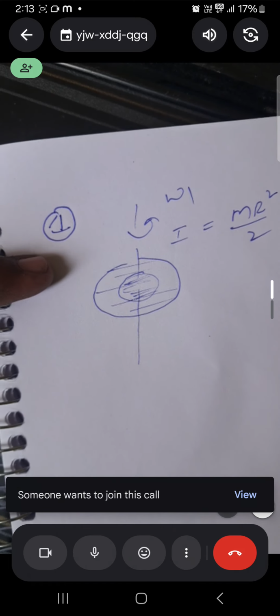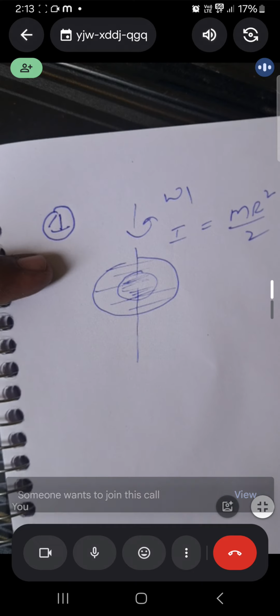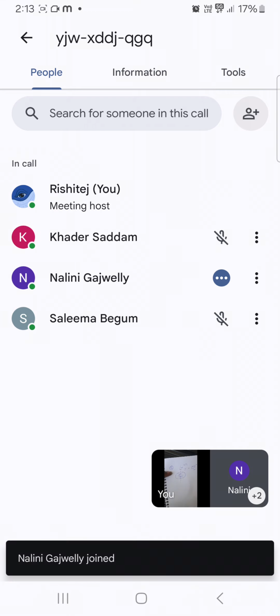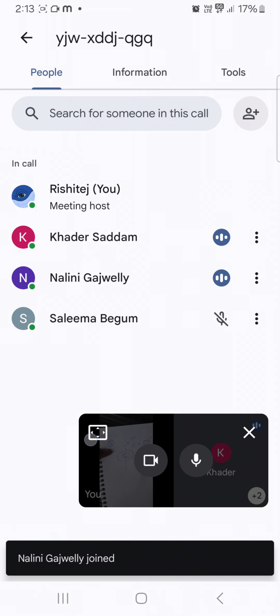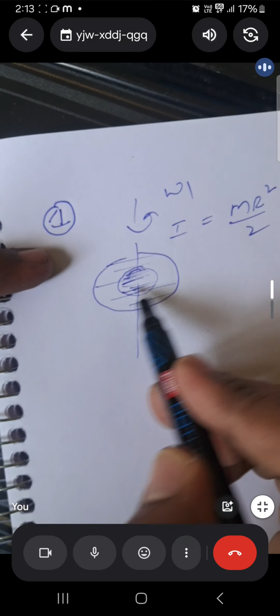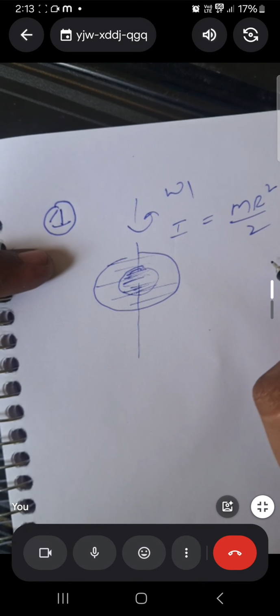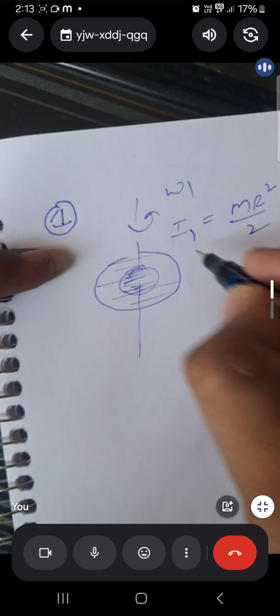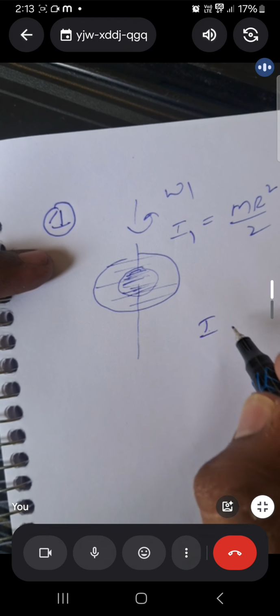What about the mass? Mass M, radius R. So the other mass is m by 8. That is m by 8. And what about the moment of inertia I2?